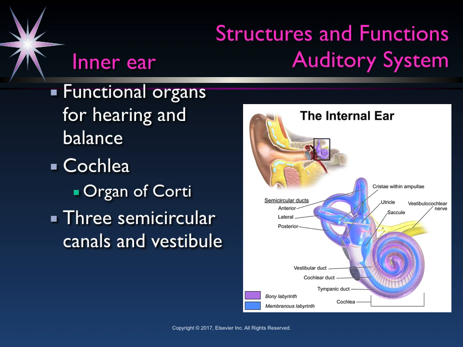The receptor organ for hearing is the cochlea, and it's a coiled structure, and it contains the organ of Corti, and in the organ of Corti, there are tiny hair cells that respond to stimulation of portions of the membrane according to pitch.